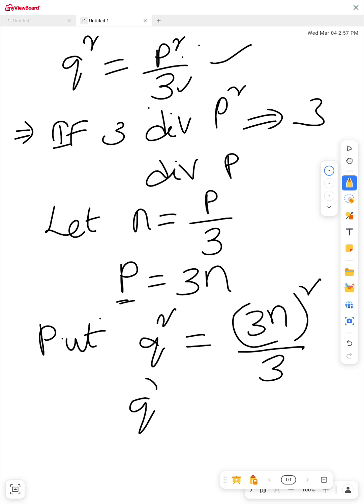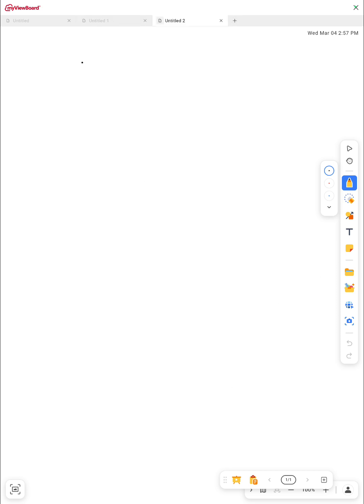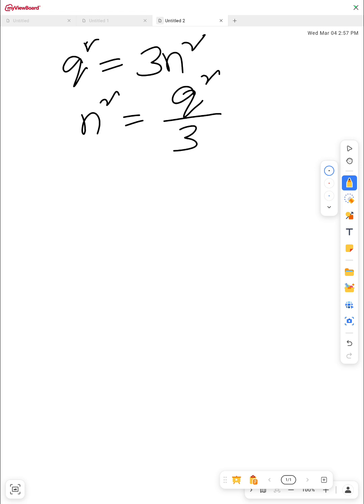Here q square is equal to 9n square by 3. 3 ones are 3, 3 threes are 9. What is the q square value? 3n square. Here n square is equal to q square by 3.